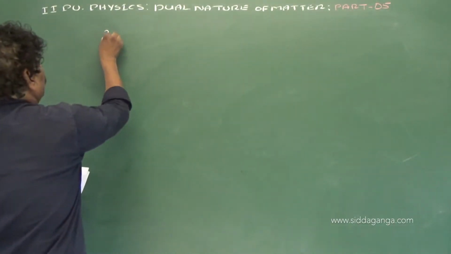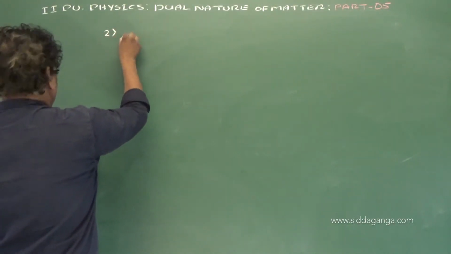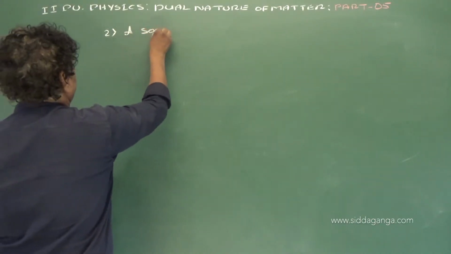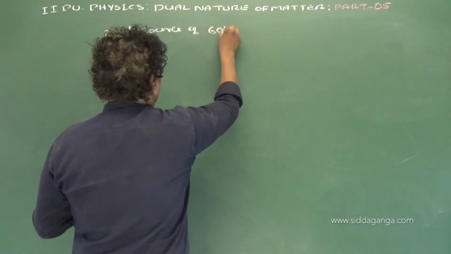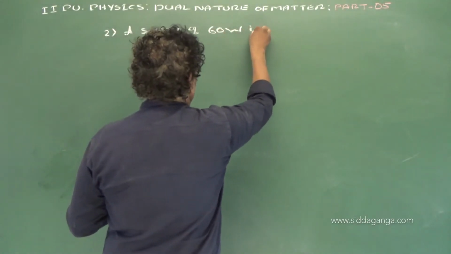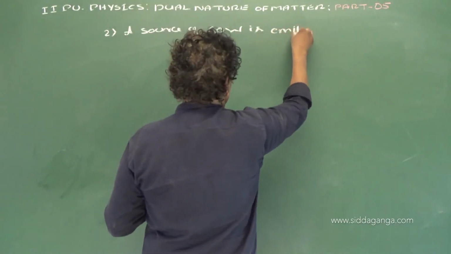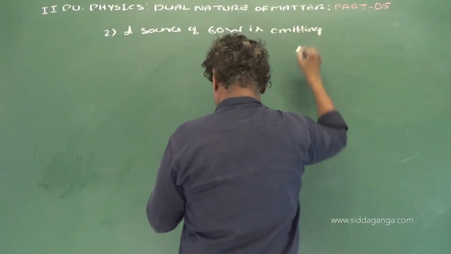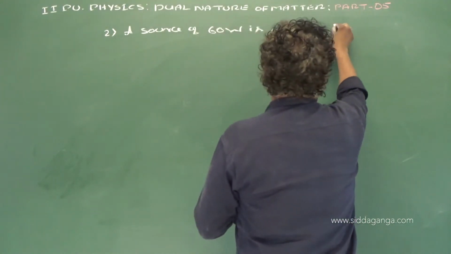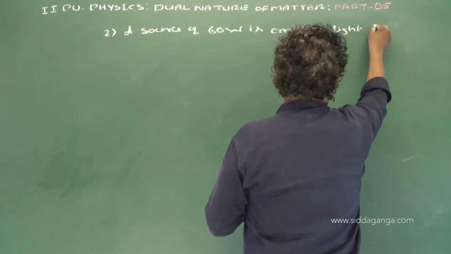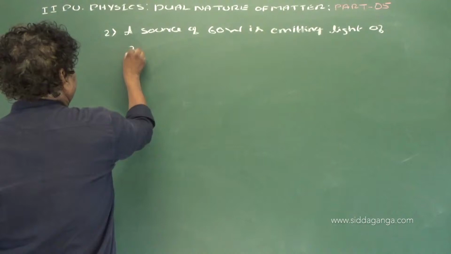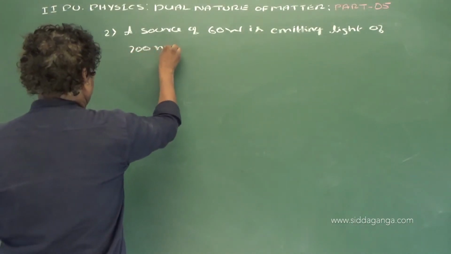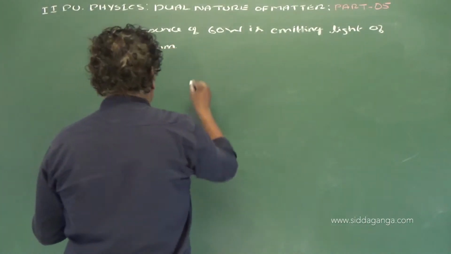Now, problem number 2. A source of 60 watt is emitting light of 700 nanometer.